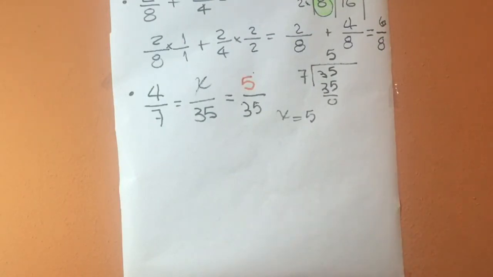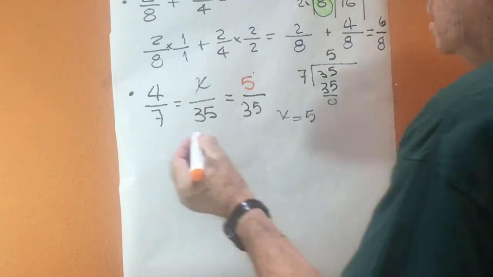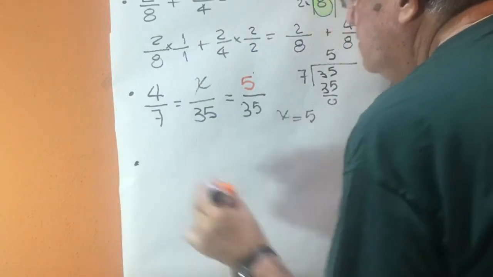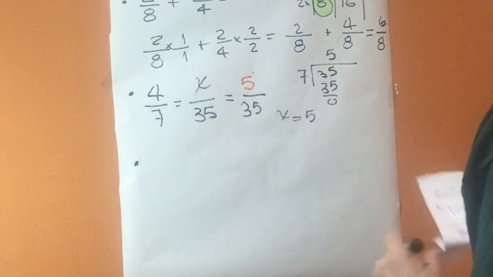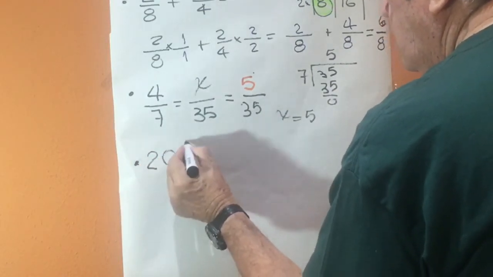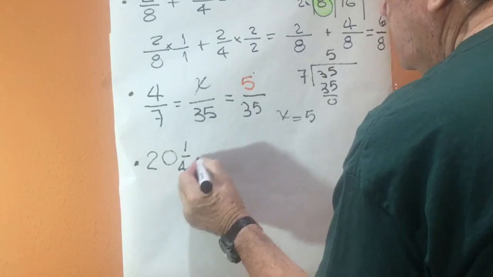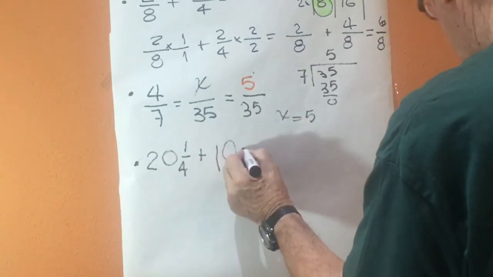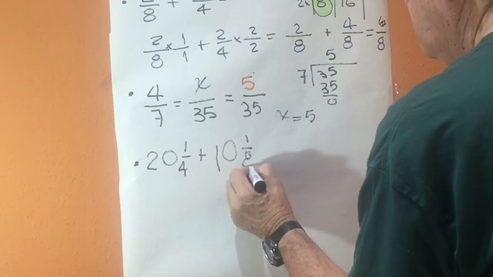Well, we can still do some calculations for mixed numbers. Let's have this example. We have 2 and 1/4, and we want to add 10 and 1/8.